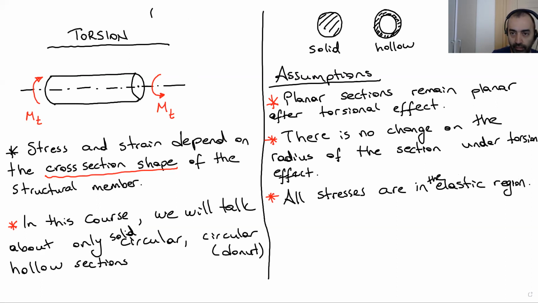If we take a look at a steel stress-strain diagram, there was a linear part here, after that horizontal, like this. The stress distribution under the torsional effects is in this region, the elastic region, where Hooke's rule works, in this region. Okay.